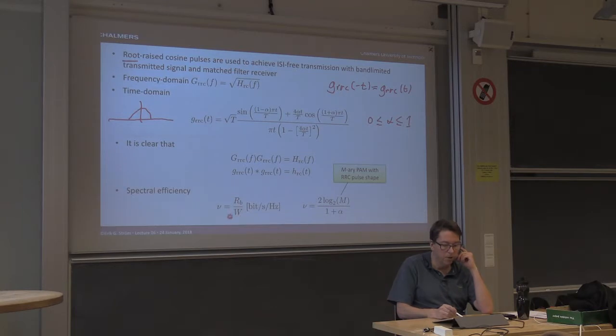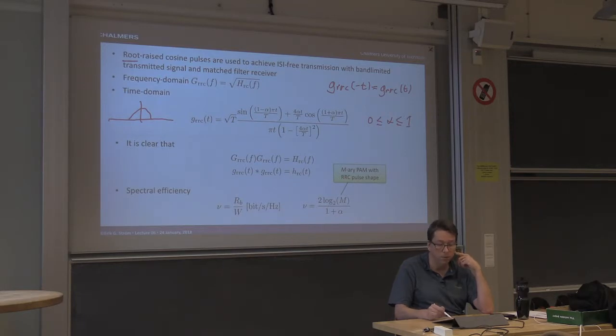So if the bandwidth of the channel is W, then we need to transmit a signal whose bandwidth is less than W. And suppose we transmit R_B bits per second, then the spectral efficiency is just the ratio between the number of bits per second that we transmit and the bandwidth. Okay, so the unit of the spectral efficiency is bits per second per hertz. Actually, it's unitless. It's the ratio between two things with the same unit.